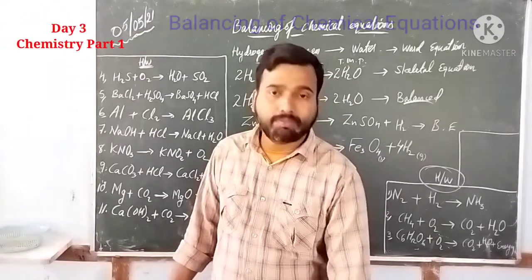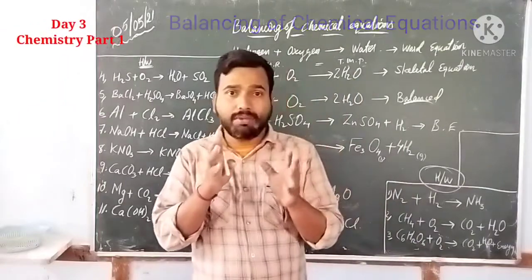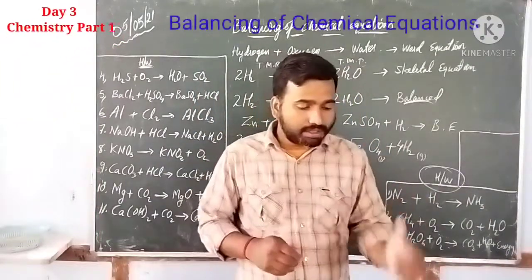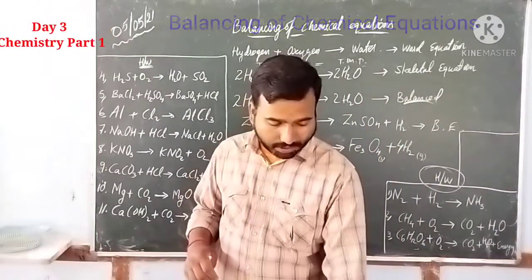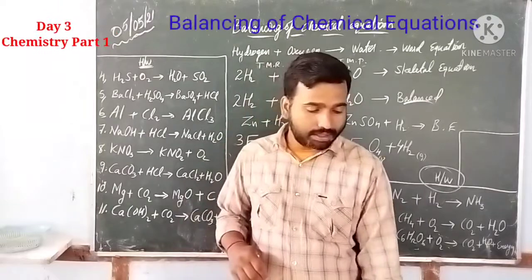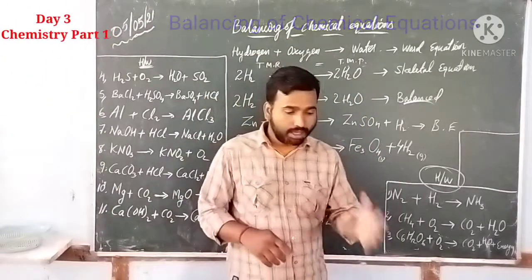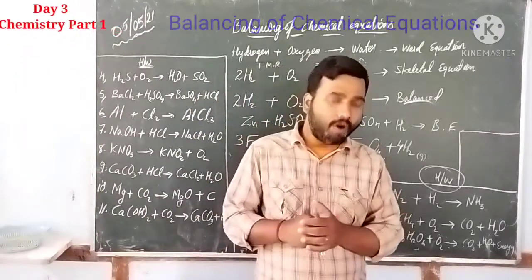Read that part well and follow the steps on how to balance a chemical equation, which are already given in small steps. Follow all these steps so that we can understand these things more. Then go to page number 6, where 3 questions are given. Try to do those questions as homework.